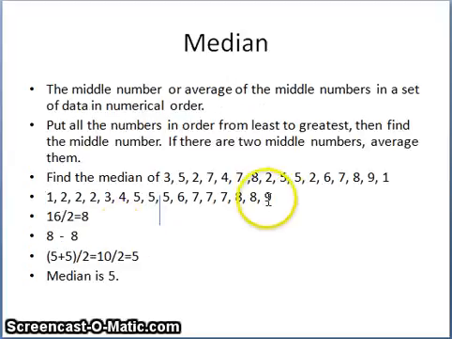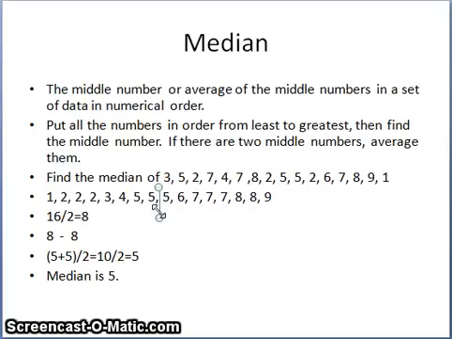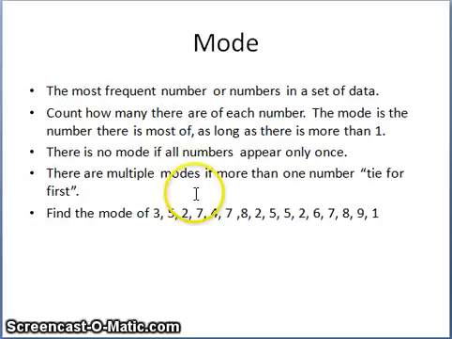The median actually literally means middle. Some of you may know about a traffic median. You know, the median is that cement thing right in the middle of the road. So if that helps, it's the middle of the road. And then mode is something having to do with fashion, right?